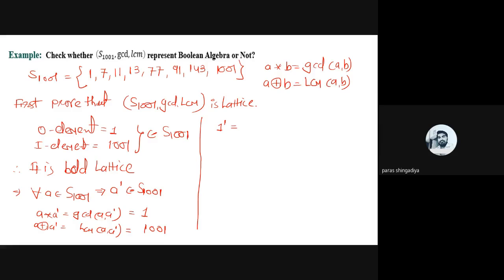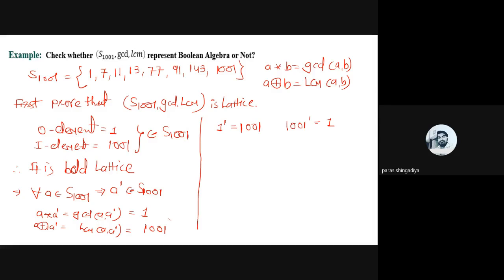Okay, so we'll use one number from that whose GCD with 1 is equal to 1, and whose LCM with 1 should be 1001. ठीक है, तो if you use 91, ठीक है, let us take 91. तो 1 और 91 का GCD 1 है, but we cannot prove its LCM is equal to 1001. ठीक है, let us use 143. तो 1 और 143 का GCD 1 होगा, but we cannot prove its LCM is equal to 1001. ठीक है, so the only possibility is the last entry, that is 1001 itself, and so 1 dash is equal to 1001, and 1001 dash is equal to 1.